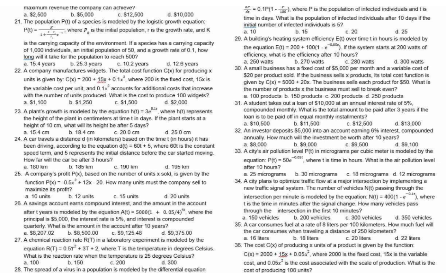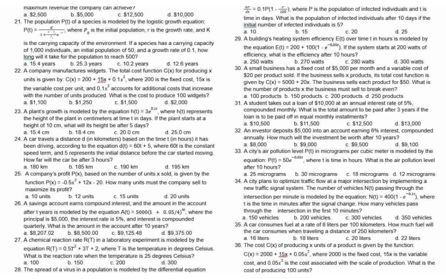First we have to substitute the value of t equal to 5 into the growth equation. The equation is already given. Then the answer is 3e raised to the power of 0.5, which is approximately 1.6487. So the answer here in the answer key is 18.4 centimeters. Letter B.